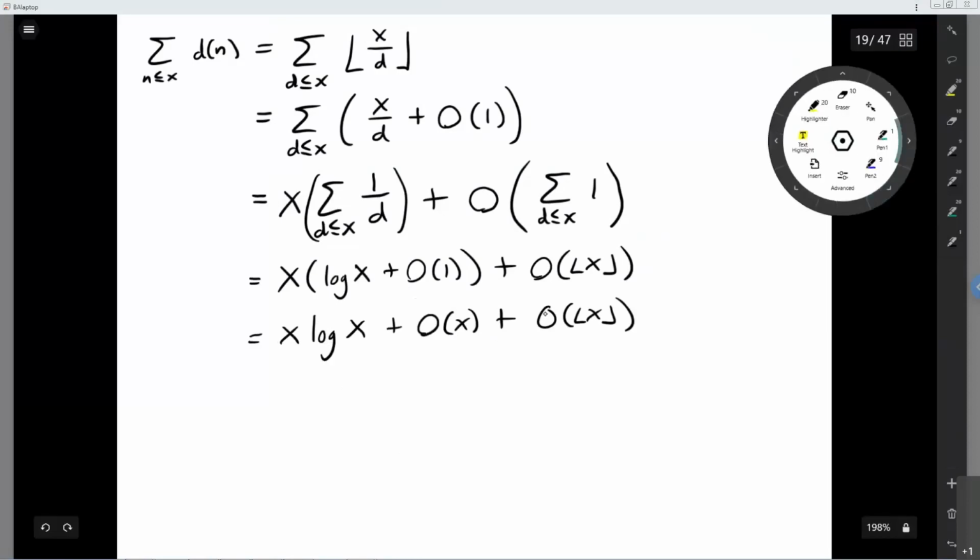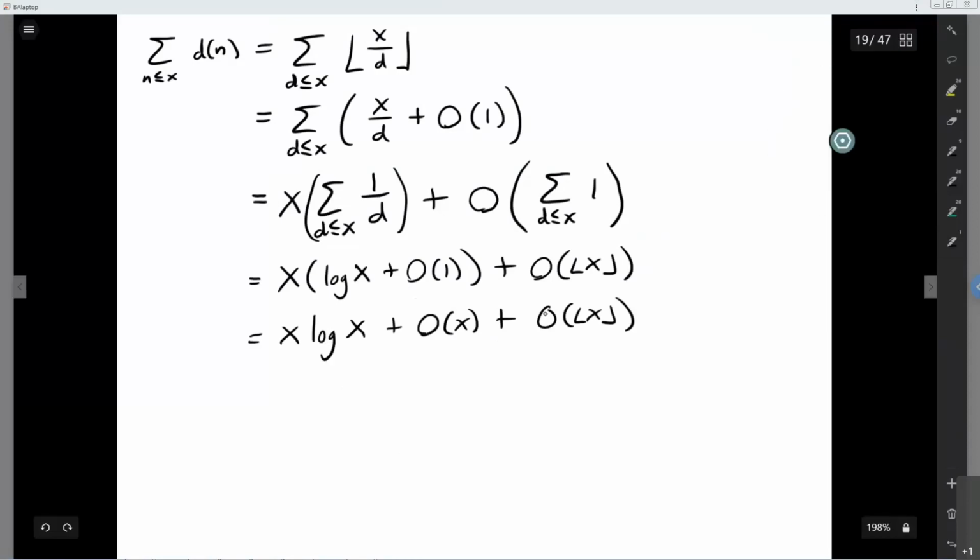And so then the very last thing to say to make sure we get the error term that the lemma says is that we know the floor function is less than or equal to x. So, well, the floor function of x is already big O of x. So really, the second error term can fall into the first error term. And we'll be all done.